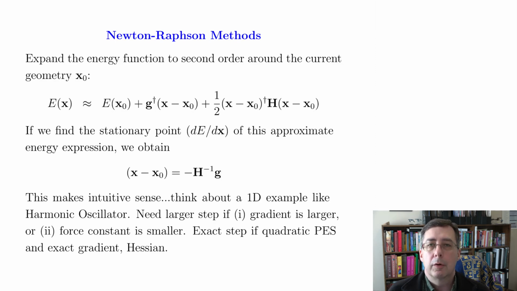Now, a different way to approach minimization would be to try to create a Taylor expansion of your potential surface. If we do that, we'll invoke Newton-Raphson methods. So I could expand my energy as a function of the geometry x, and that would be the current energy wherever I'm at, x0, plus a gradient term, g, and the size of that will depend on the difference between where I'm at now, x0, and where I'm looking to go, x.